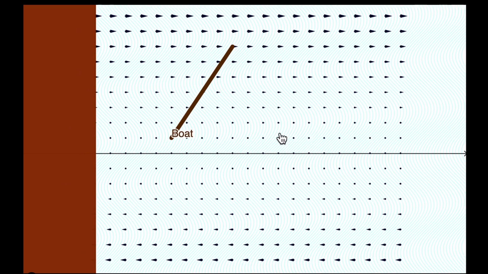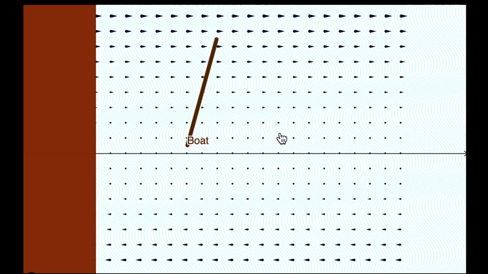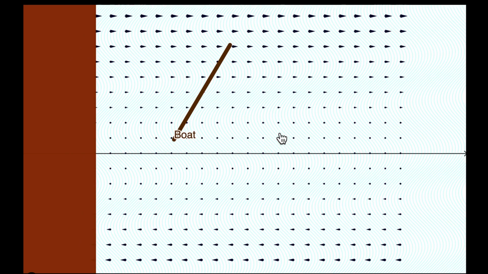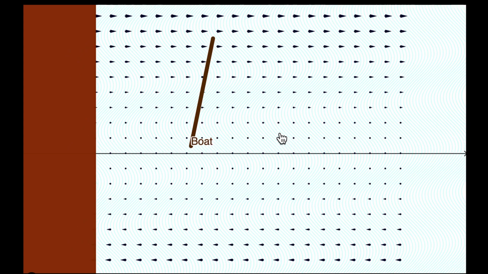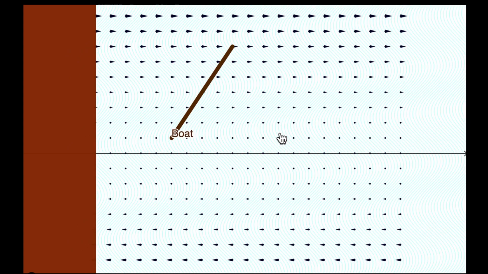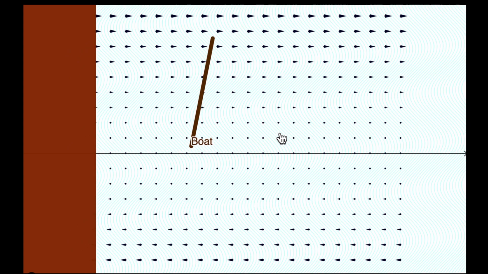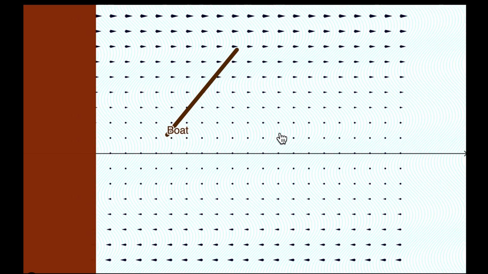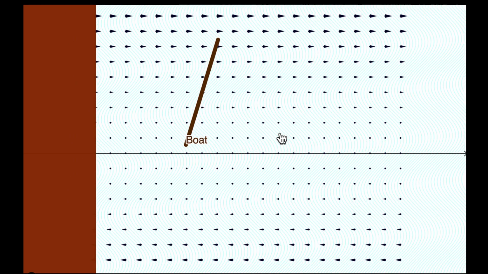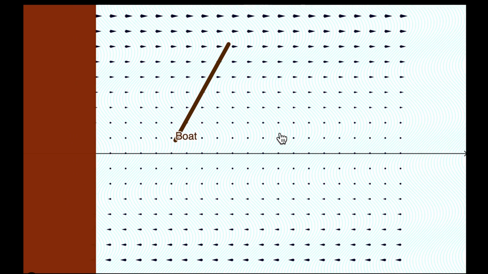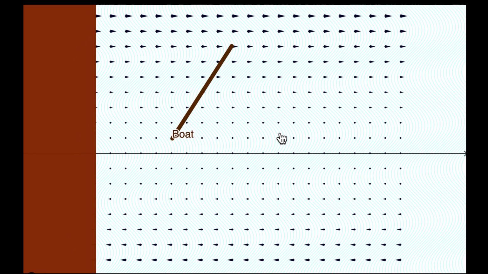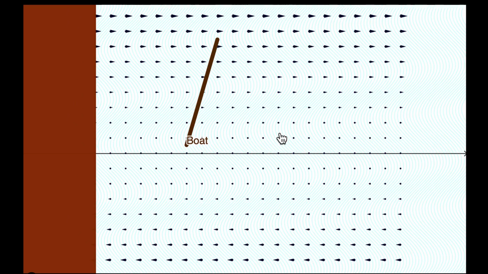So the boat under f1, if the partial of f1 with respect to y is positive, spins clockwise. And therefore, I can say if negative partial of f1 with respect to y is a positive value, the boat should spin counterclockwise.